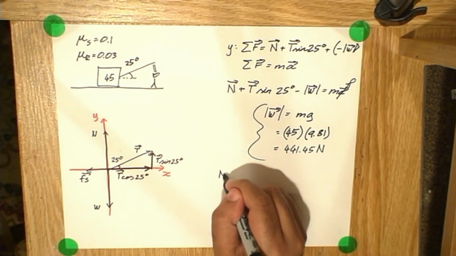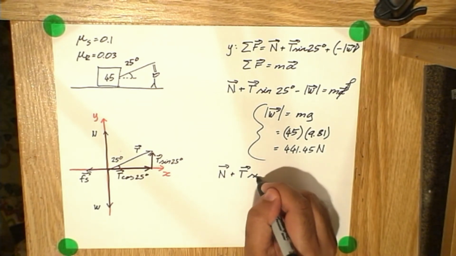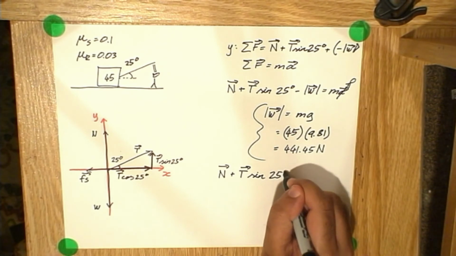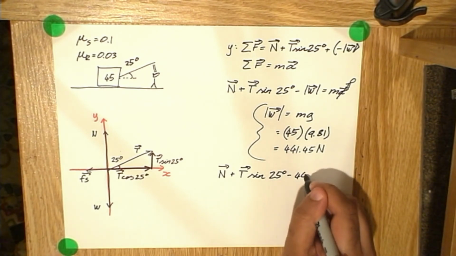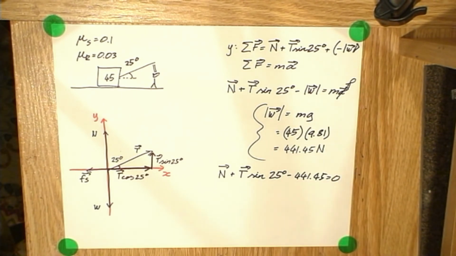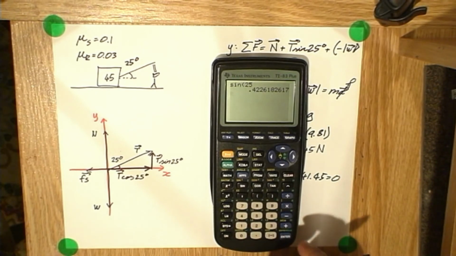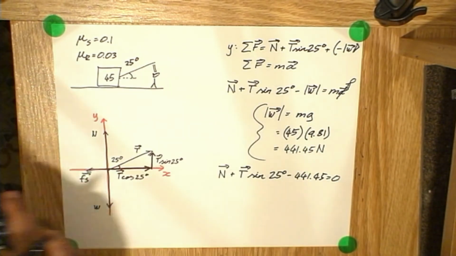So that gives us the normal force plus T sine 25 degrees minus 441.45 equals 0. The sine of 25 is 0.423.